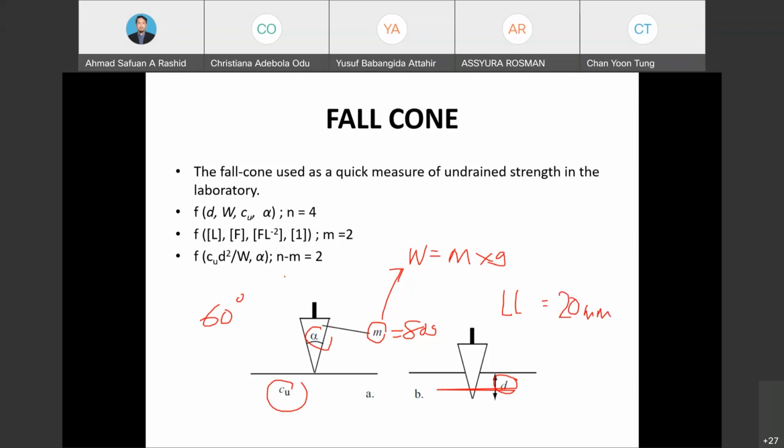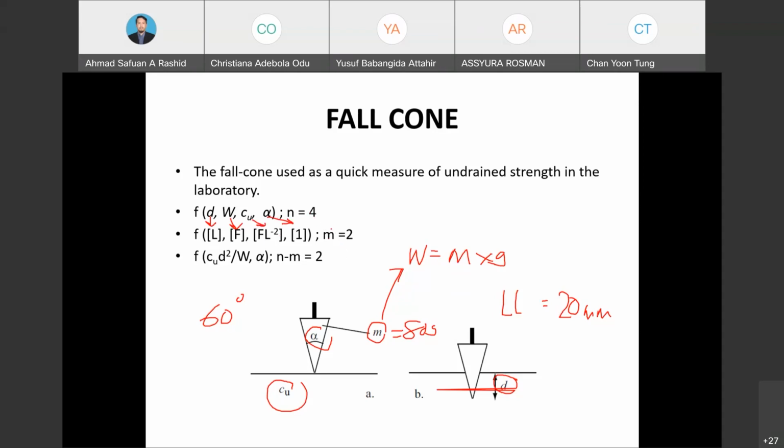So we identify four main parameters. For each, we need to derive the primary dimension. The first one is d, the geometry, equal to L; W is equal to force; Cu is equal to F L to the power of -2; and alpha is dimensionless because it is an angle.